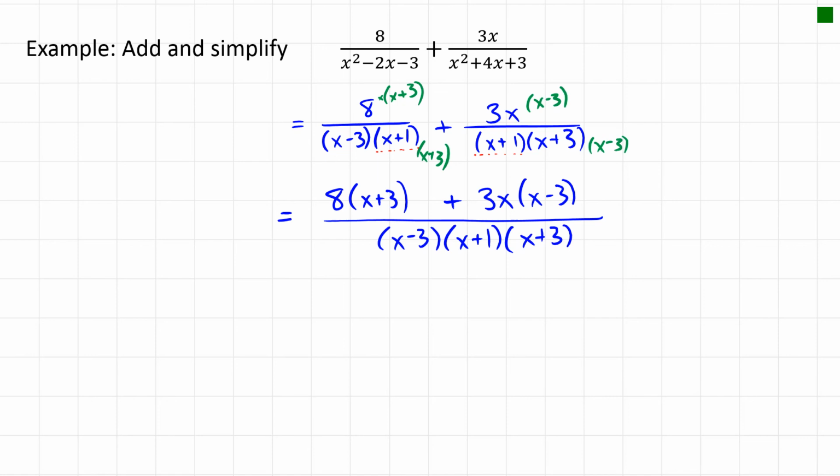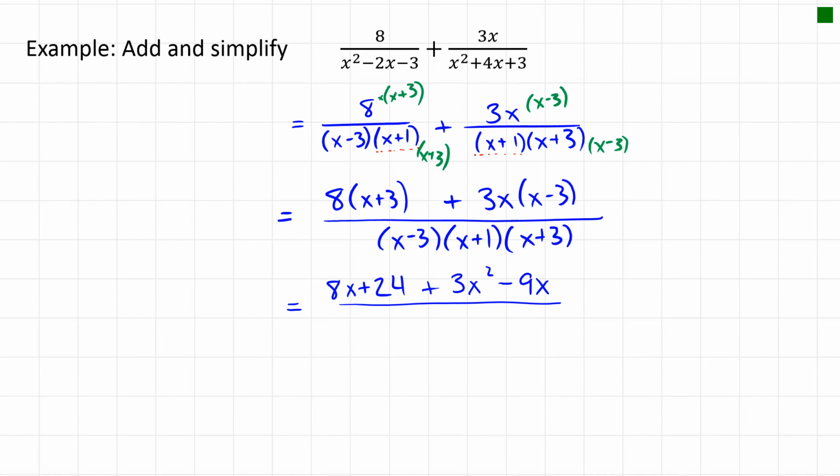So I've done the hard work. Now I have to simplify. I've given them the common denominator. Now I have to combine: 3 times 8 is 24, plus 3x squared minus 9x. I have to simplify the numerator, and I have that denominator.